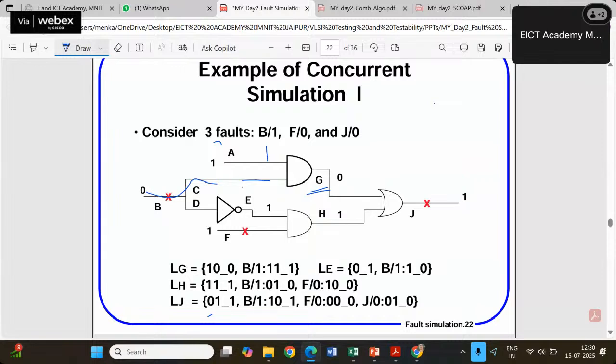This is able to detect the change in the line. First, that particular fault can be activated. For example, B stuck at 1 can be activated if I make it 0.